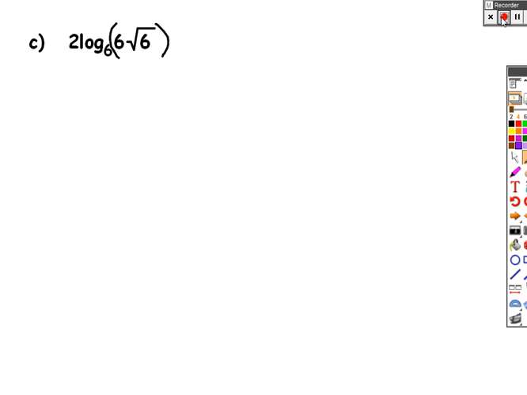Now I want to show you a couple different ways to do this example. You could use the power property. If I see a number out front, I can bring that up to the exponent in the log. So if I'm multiplying that 2 out front, I can rewrite this as log base 6 of the quantity square root of 6, squared.